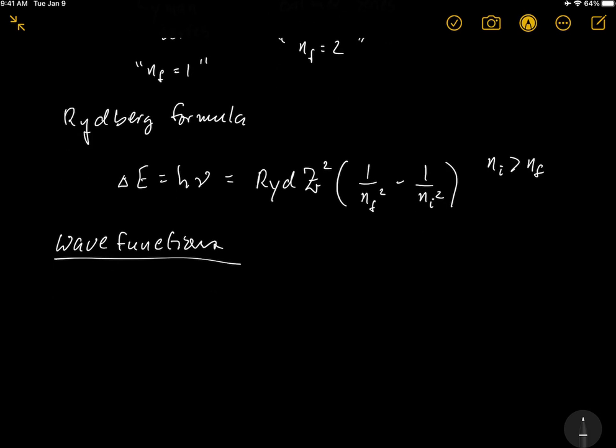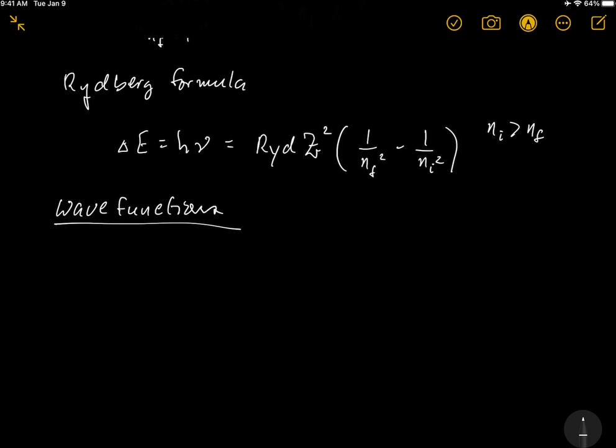First of all, it's good to recall that our wave functions in this system are going to be a function of, so far, 3 quantum numbers, n, l, and m sub l. They're characterized by 3 quantum numbers, and of course they are functions given in spherical polar coordinates: functions of r, theta, and phi.